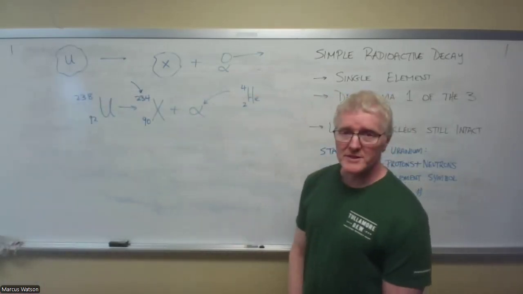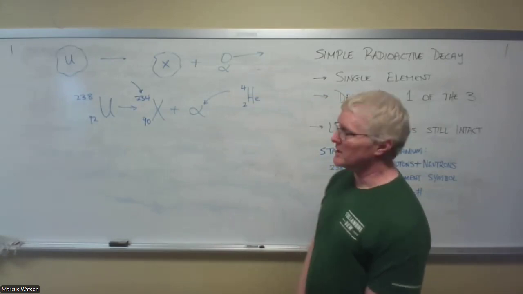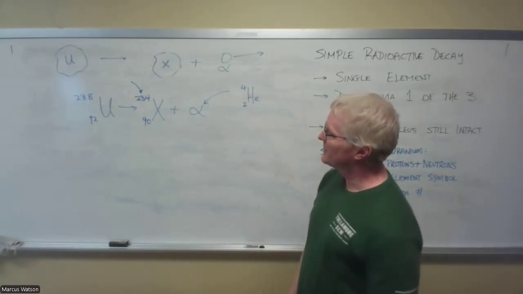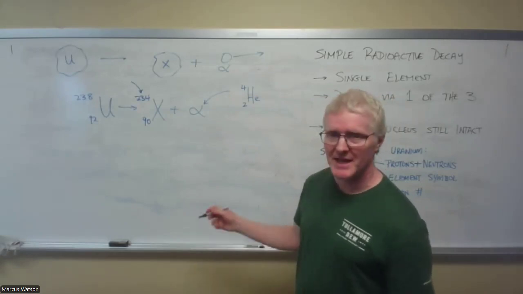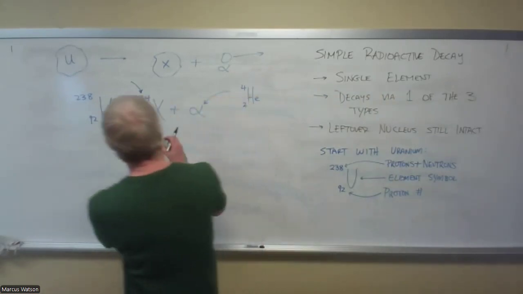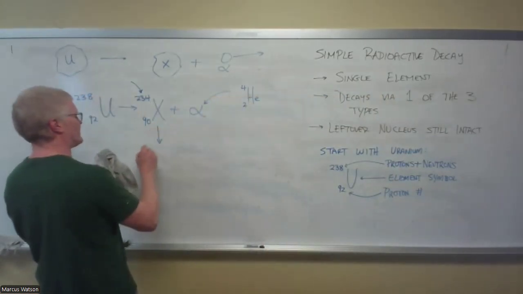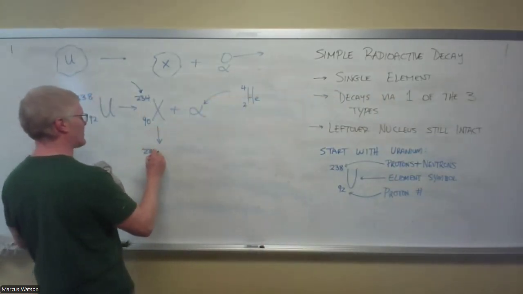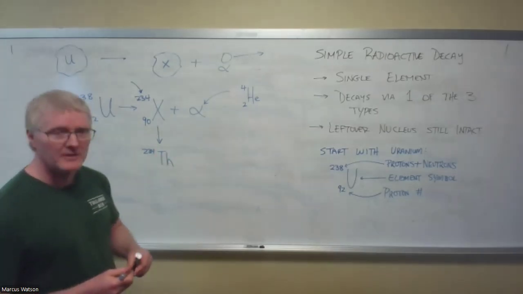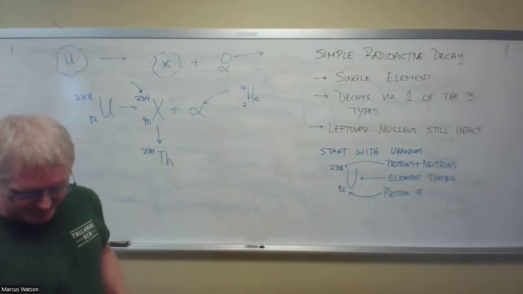So once I realize that there are 90 protons out of the 234 total things in the nucleus, I am free and clear to assign thorium to this element. And that means I can write this as thorium-234. And that is what element X is.